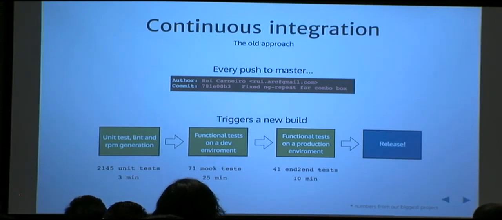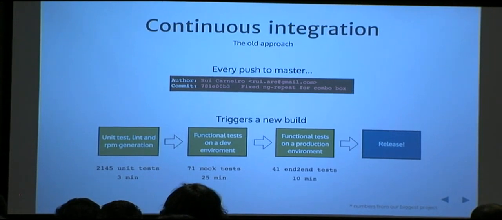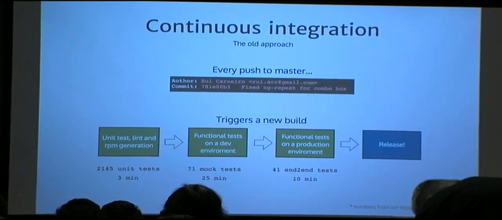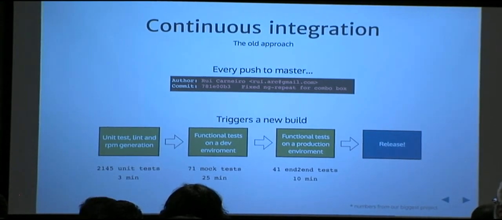We have a lot of unit tests that run in 3 minutes, not that much, but the other tests combined, we have 35 minutes. So, in the best case, if none of these steps fail and we need to correct, we have a build time until it's ready for release of 40 minutes or more.